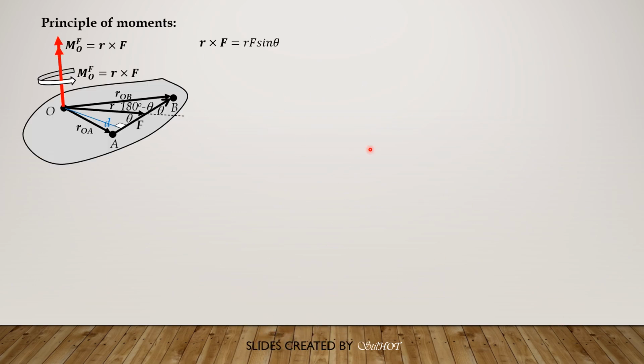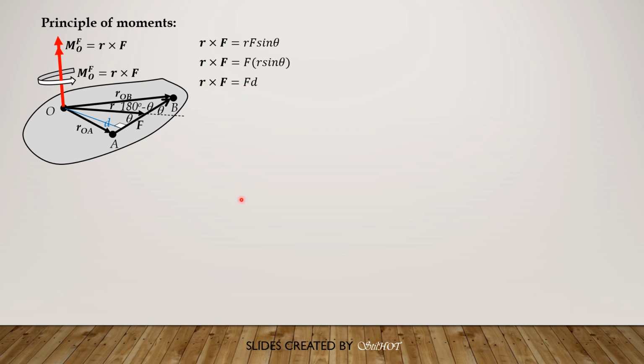So R cross F by definition is magnitude of R, magnitude of F times sine of theta. Rearranging, R cross F equals F times R sine theta. And take note that R cross F is the moment of the force about point O in vector form. And this is the direction, or the sense, of that moment about O. And we interpret R sine theta as D, the perpendicular distance of the force from the point O. And that's why F times D is the moment in scalar form.